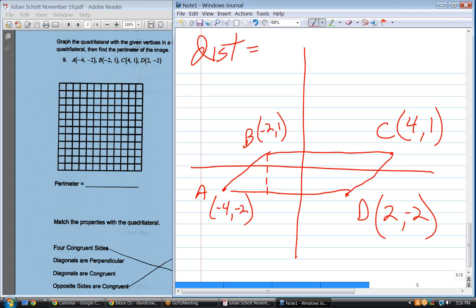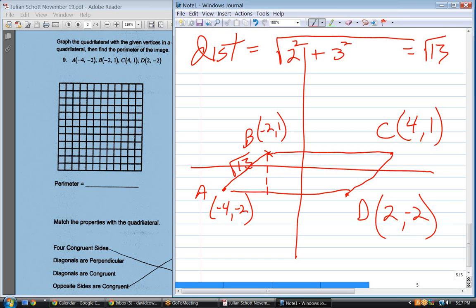The hypotenuse is the square root of the sum of the squares of its sides. This side here is the difference in the x-coordinates squared, that would be 2 squared. And this side here is the difference in the y-coordinates, that would be 3 squared. So the distance between those two points is the square root of 13.